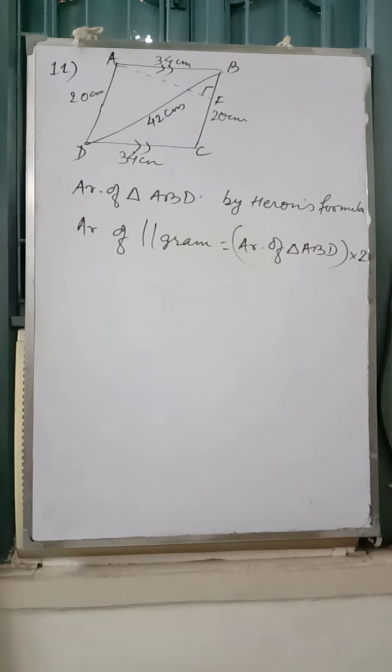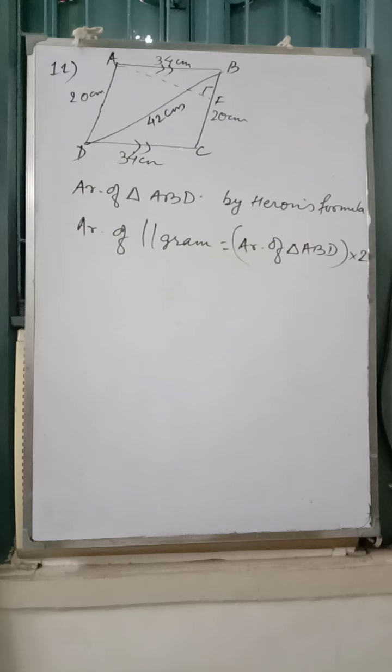Base into height is the area of the parallelogram. By Heron's formula, get the area of the triangle, multiply by 2 to get the area of the parallelogram, and divide the area by 20 centimeter to get the height. So there is no problem, I think, in doing so.